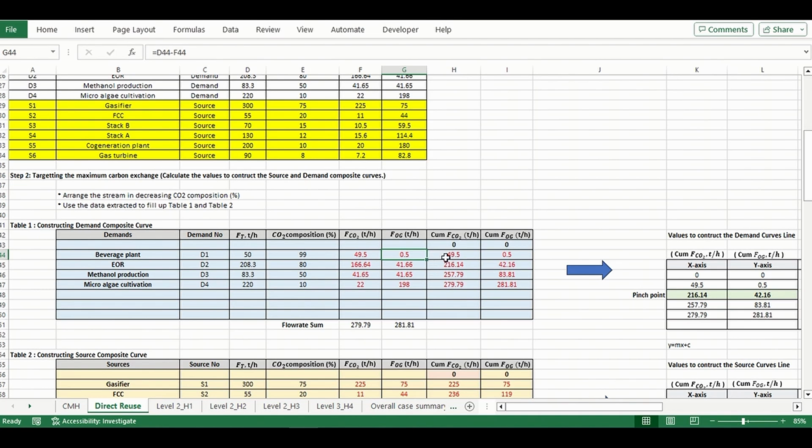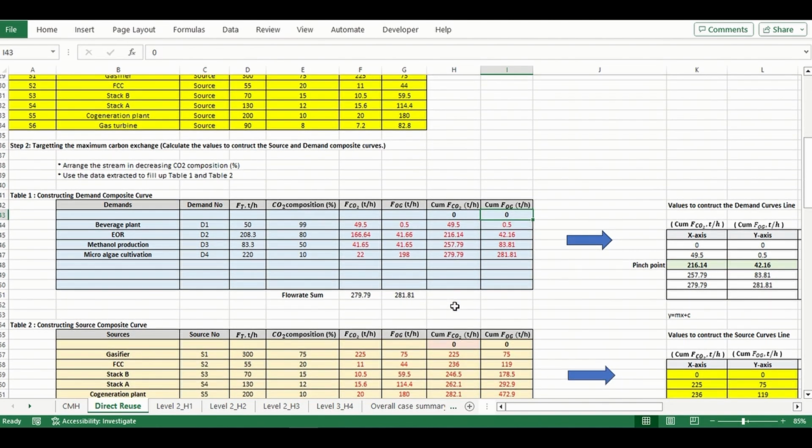Before we fill in the values, we're going to use 0 as the starting point for both composite curves. The cumulative flow rate of CO2 is identified by performing a summation of each flow rate of CO2, and the same goes for the cumulative flow rate of other gases.